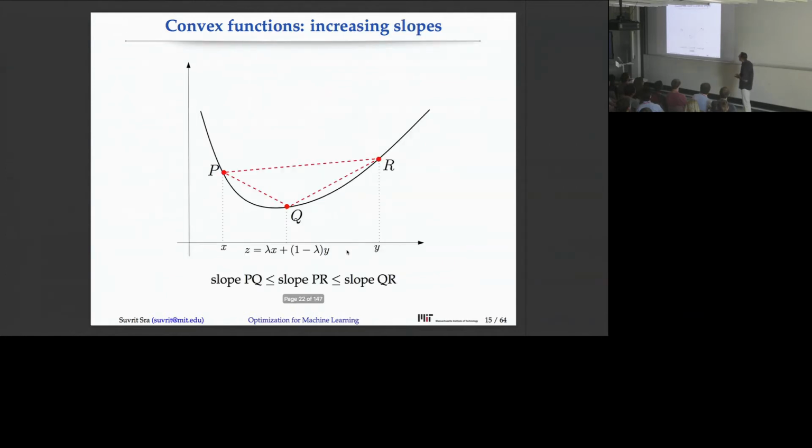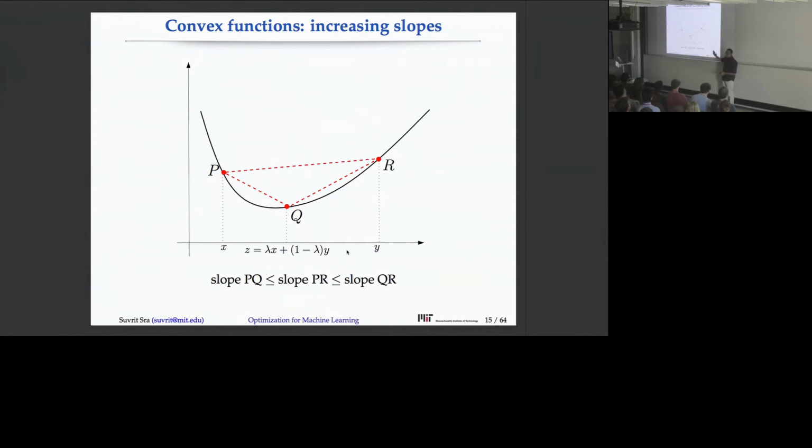The third pictorial way is this: a convex function, again this one is back to just intervals, but understanding it for intervals really suffices, has monotonic slopes. That is, the first derivative increases monotonically. So as you go from here to here, the slope of PQ is smaller than the slope of PR, which is smaller than the slope of QR.